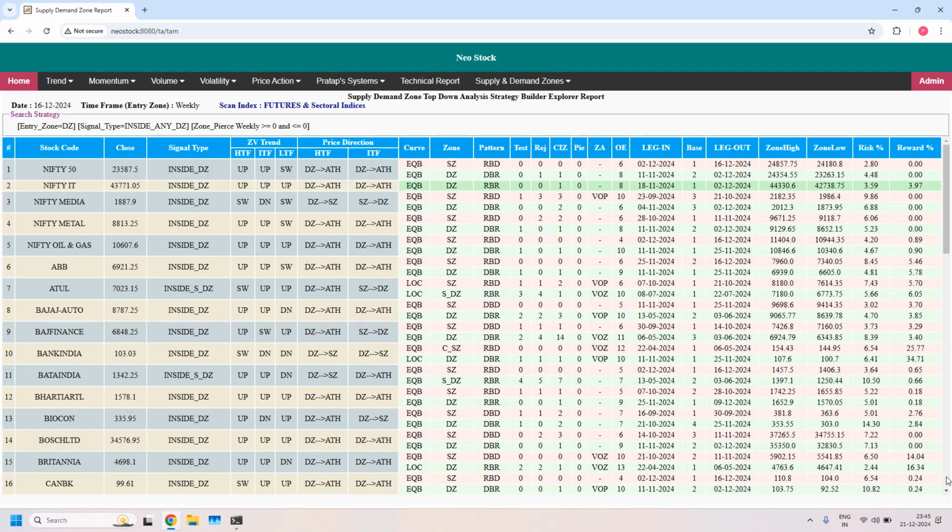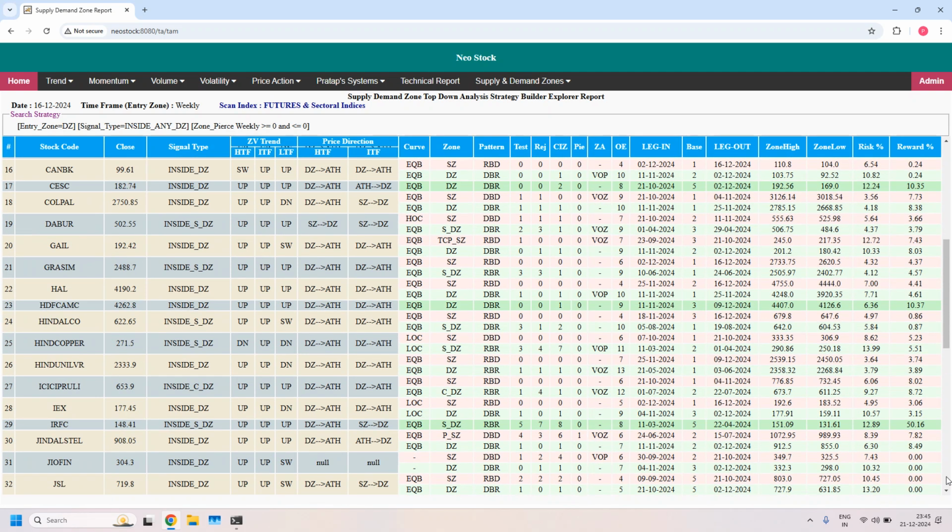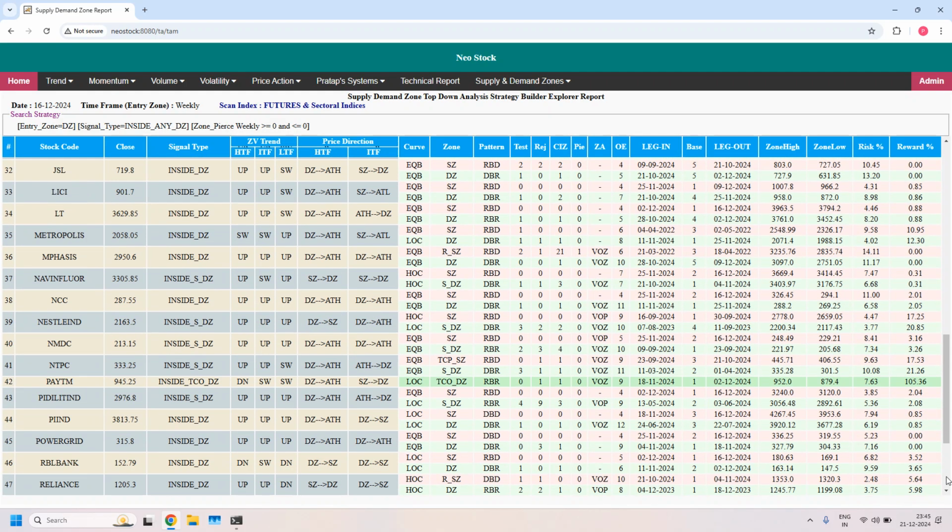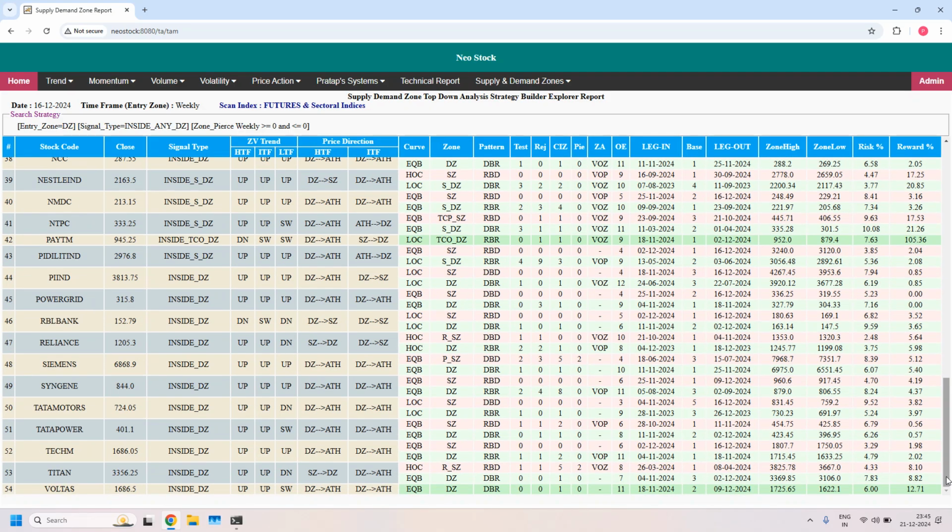These are the first 16 stocks. I am scrolling the list down. So total 54 stocks are filtered where price closed inside the weekly demand zone.